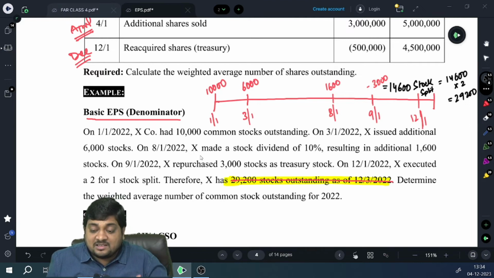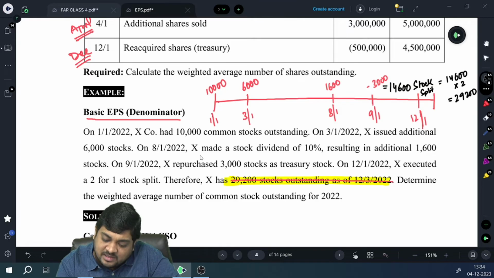We need to consider things on a time weighted basis, right? And accordingly we will consider it for the full year. So this will be considered for 12 months, right? This is 12 months.